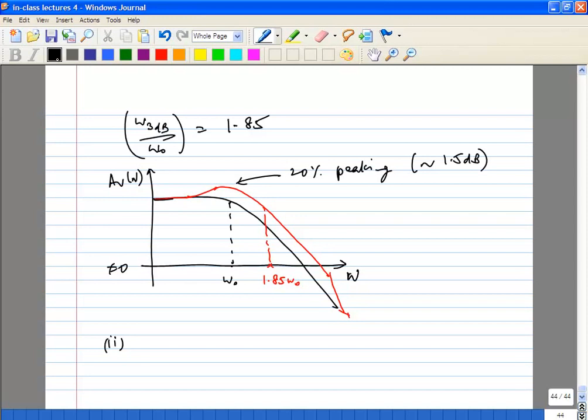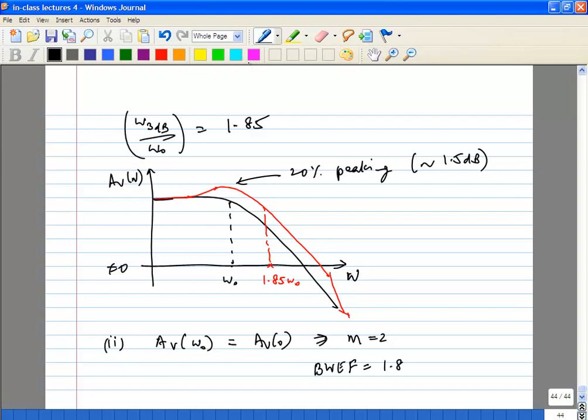Okay, if you give this condition, this gives you m equals 2, and your bandwidth extension factor happens to be 1.8, which is pretty good.